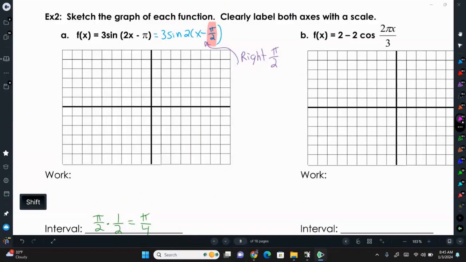So we'll put pi over 4 there, and then that'd be pi over 2 right here. And if we go backwards, that'll be negative pi over 4.